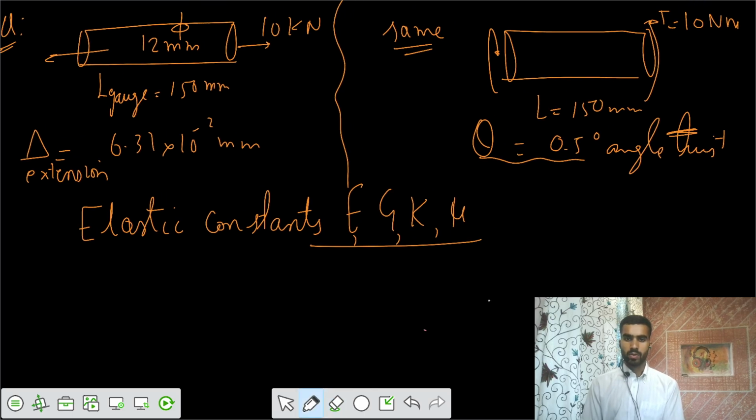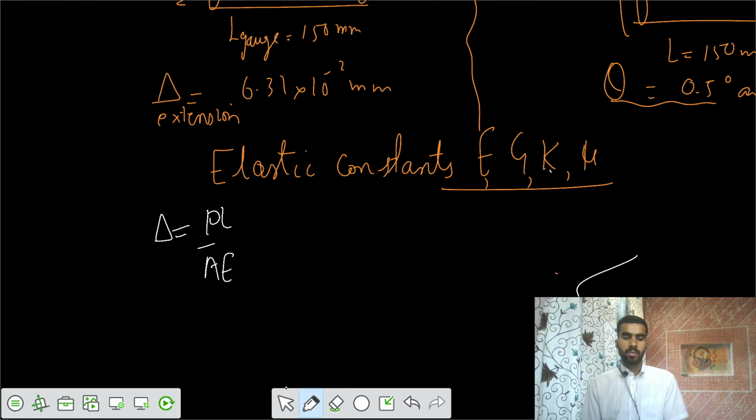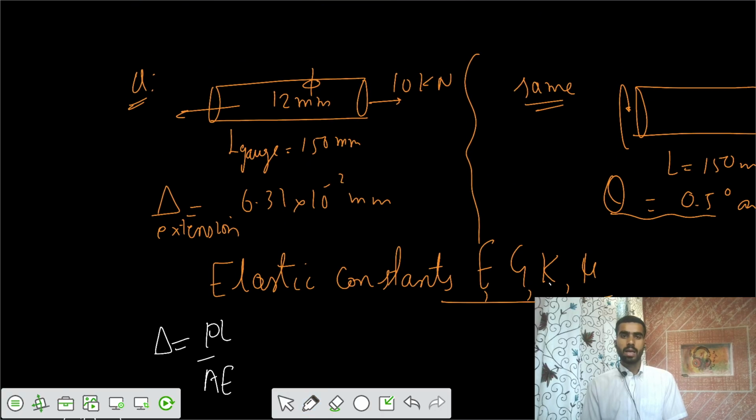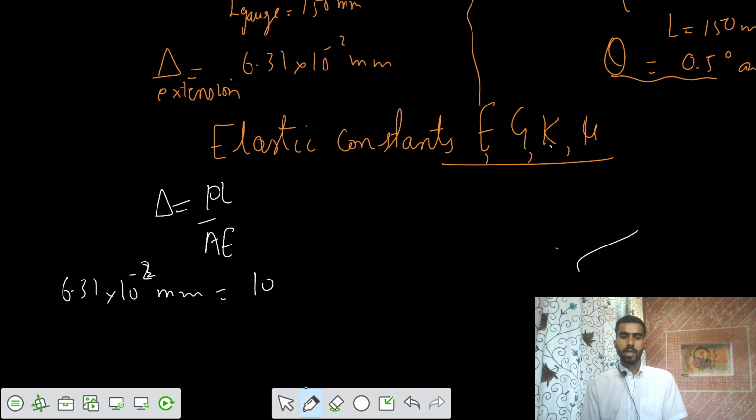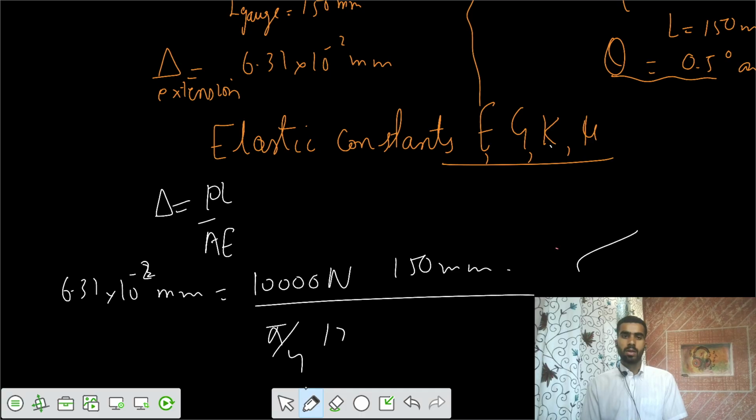Now, if I write the first equation, delta equals to PL by AE, I can get the value of E. So I would write delta value of 6.31 into 10 to the power minus 2 millimeter. That equals to load P, 10 kilonewton, length of 150 millimeter, area of pi by 4 into 12 square millimeter square, and value of E.